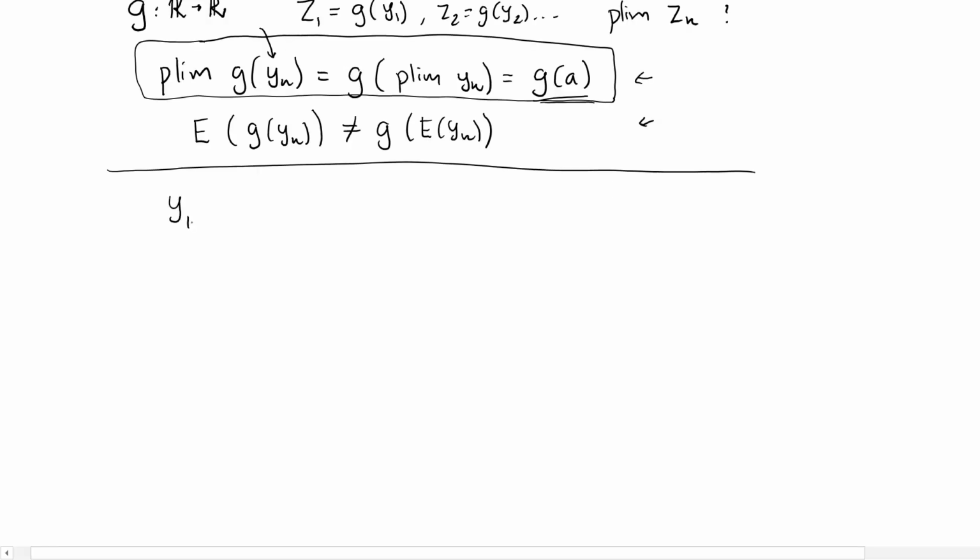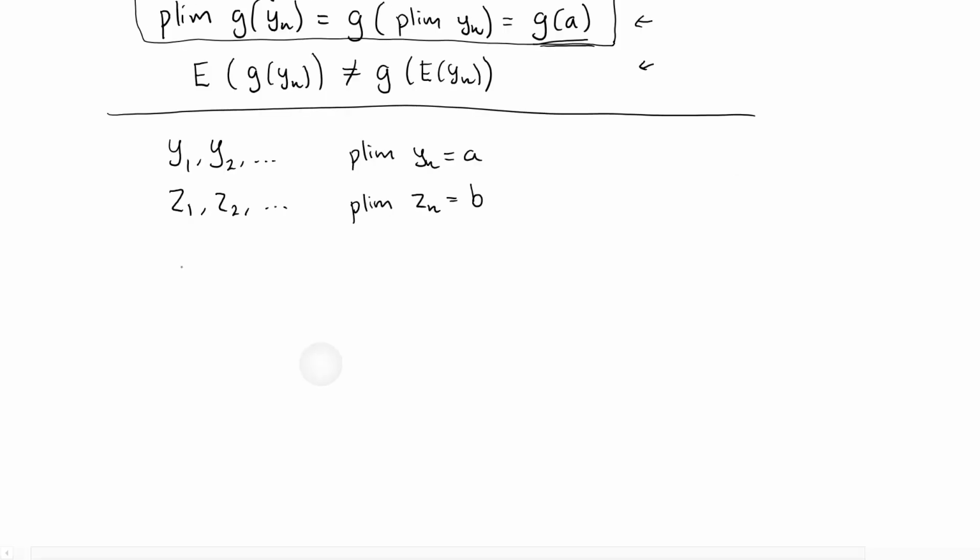Let's say that I have two sequences of random variables, a y sequence and a z sequence. I know that the probability limit of yn is some constant a, say, and I also have information on the plim of zn, which is another constant, let's say b.